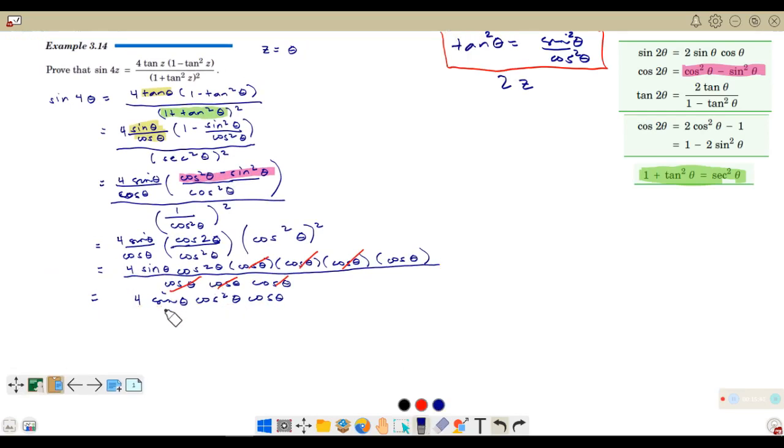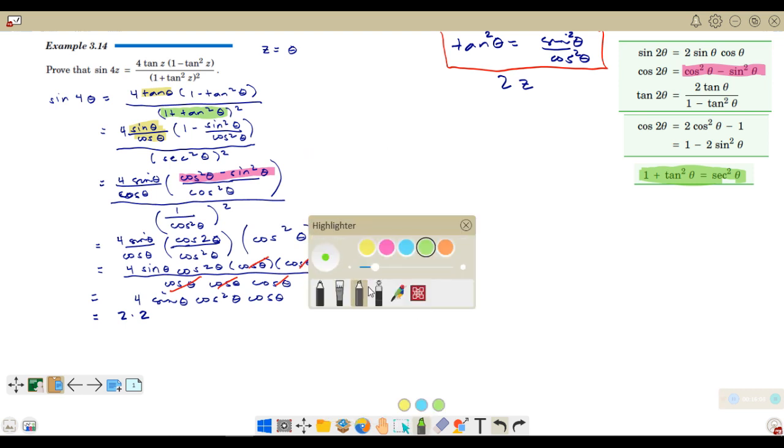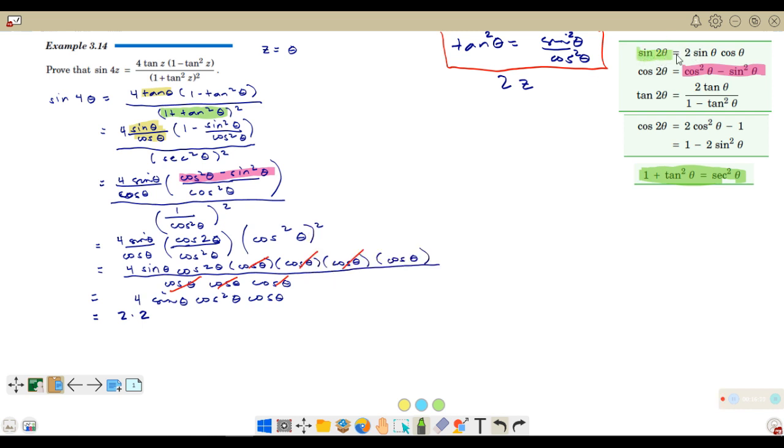Isunod natin yung property that 4 can be broken down into 2 times 2. And then, ano yung merong sine theta and cosine theta na may factor din ng 2? If you are going to look at our double angle formulas, meron tayong ganito. Sine 2 theta is equal to 2 sine theta cosine theta.